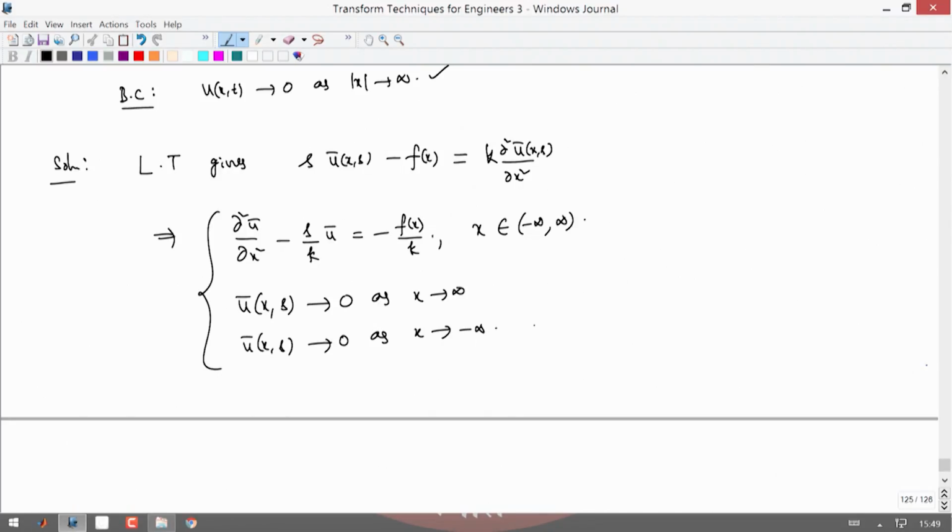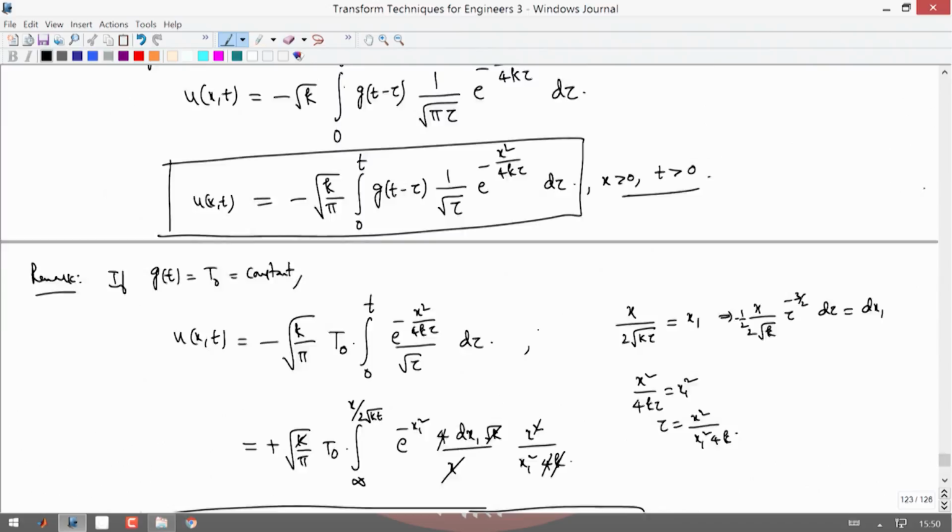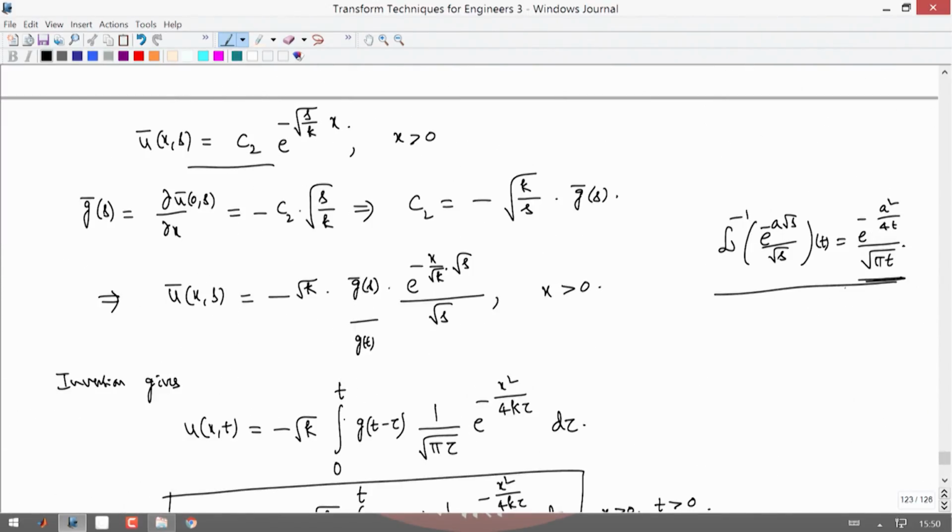Finally, you end up using Laplace inversion. You will see that you need the Laplace inversion of e power minus a root s by root s, a similar type of Laplace inversion, which we will see in the next video.